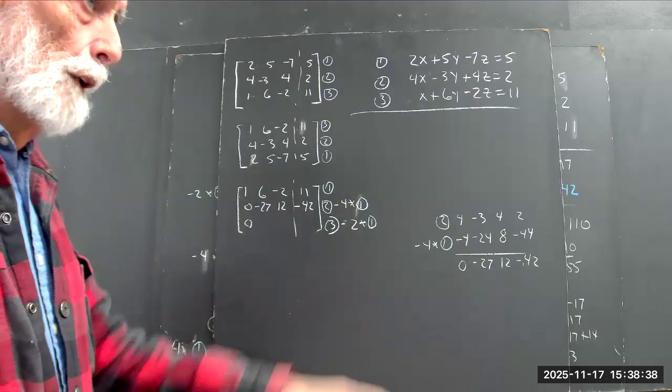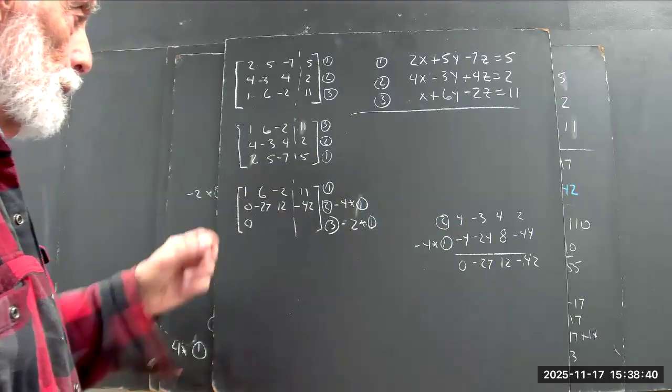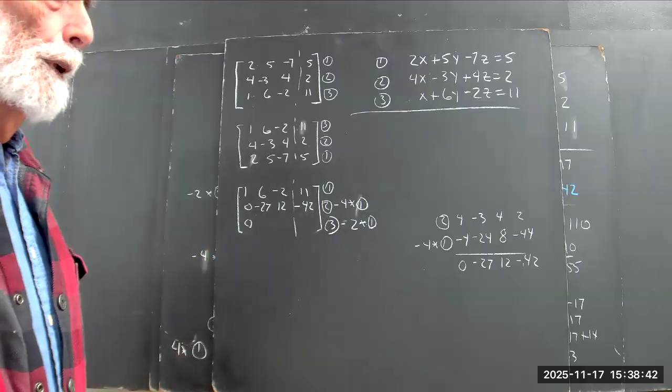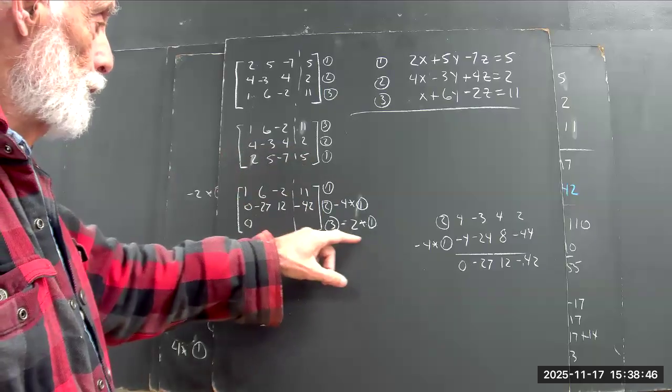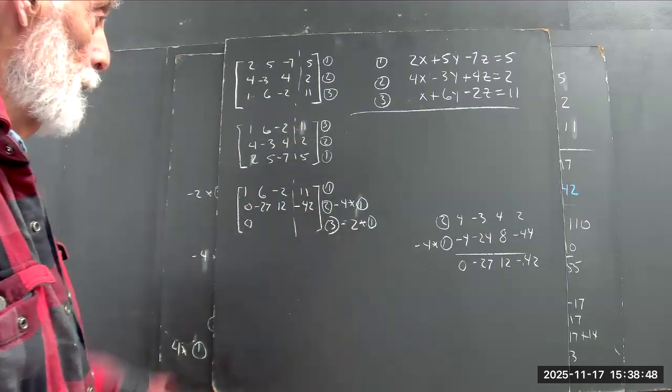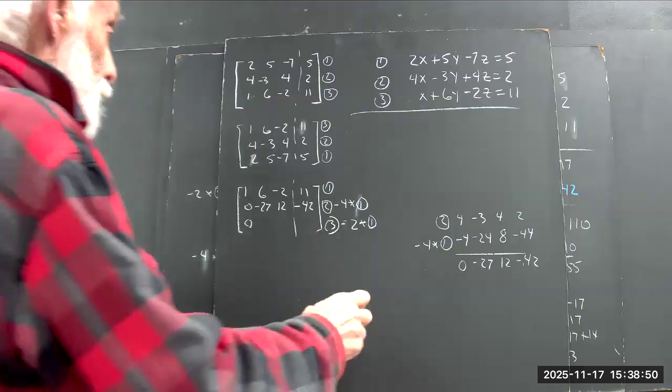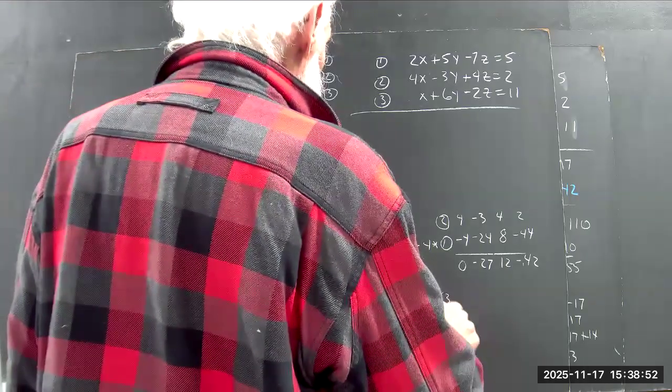Now, I'll write this down for you in a minute, but I want you to work this one out yourself. What's row 3 from this matrix minus 2 times row 1 from this matrix? Start by writing it down somewhere off to the side.